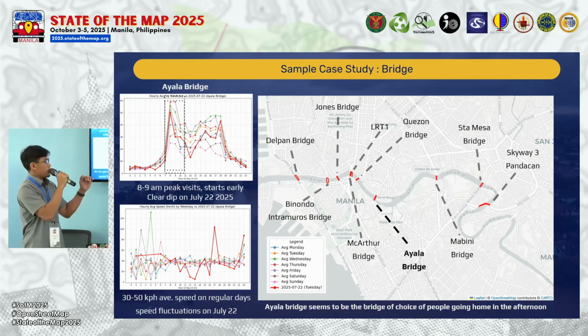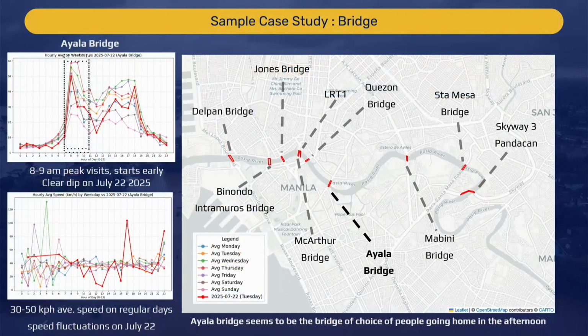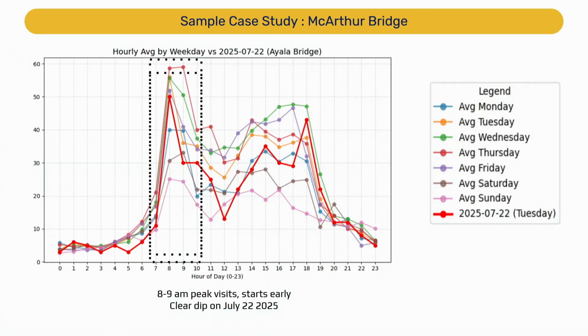So this is a more granular study for the bridge. Again, this is a typhoon scenario. It's Typhoon Christine. As you can see, people in the Ayala Bridge, we know they are there when the flooding happens. On this graph, higher on the y-axis means more people are in the bridge.